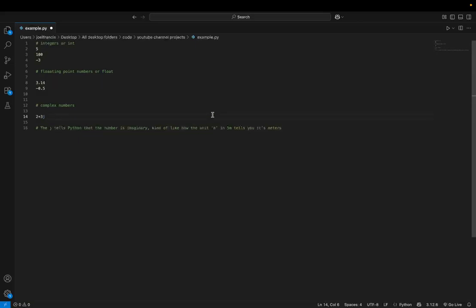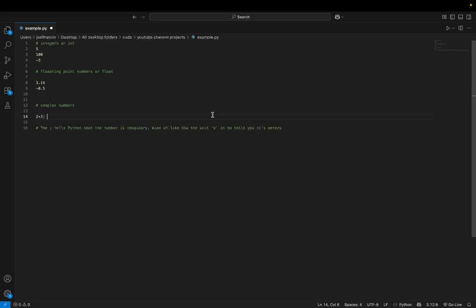And complex numbers. Complex numbers are numbers that have two parts, a real part and an imaginary part. For example, 2 plus 3j has a real part, which is 2, and an imaginary part, which is 3. In math, the imaginary unit is usually written as i, but in Python we use j instead.